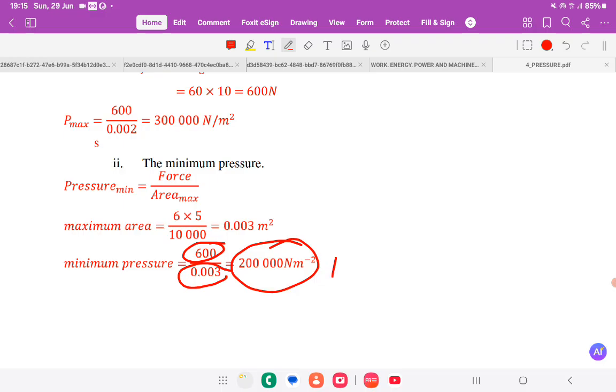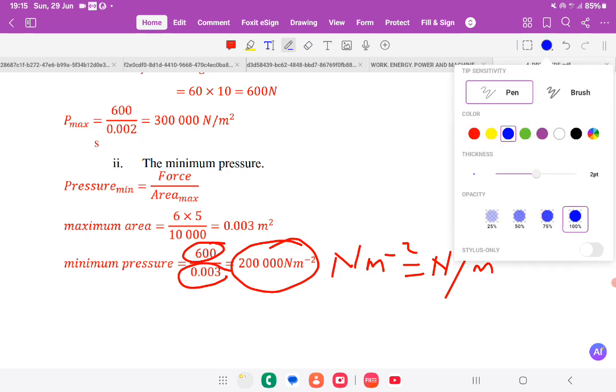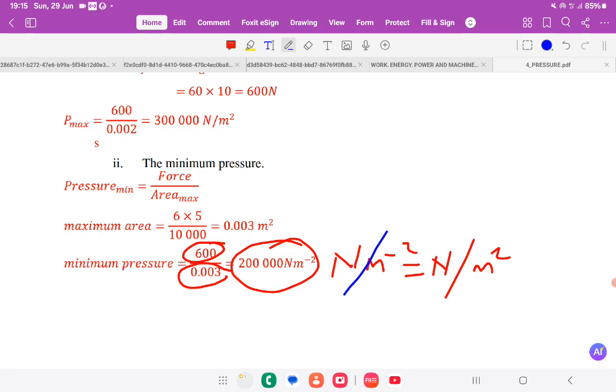Please take note that newtons per square meter written like this is just the same as N m to the power minus 2. It's a different way of writing the same thing. But where you are using minus power, don't put a slash there. Just write N m raised to the power minus 2.